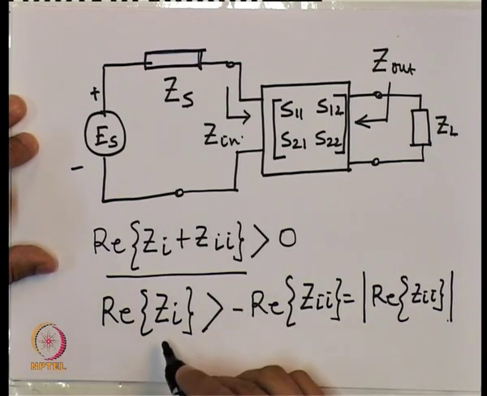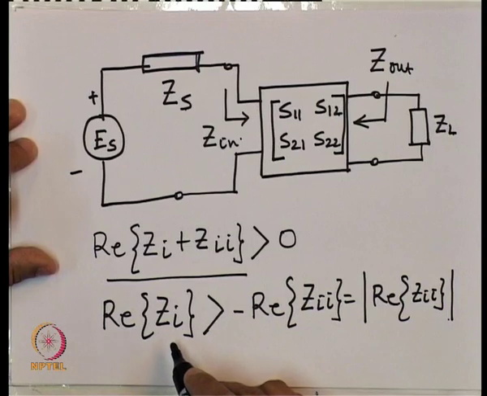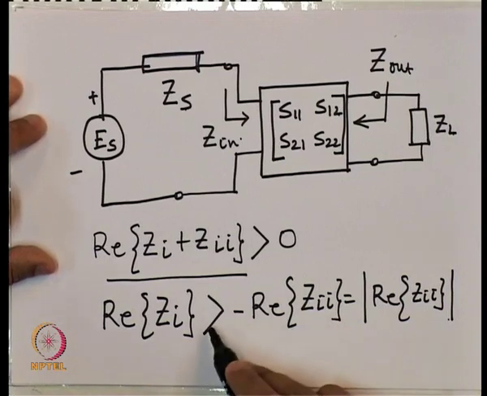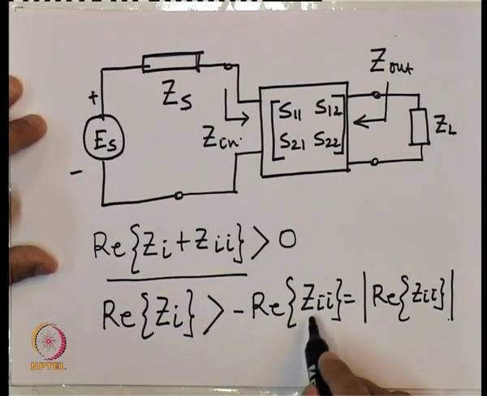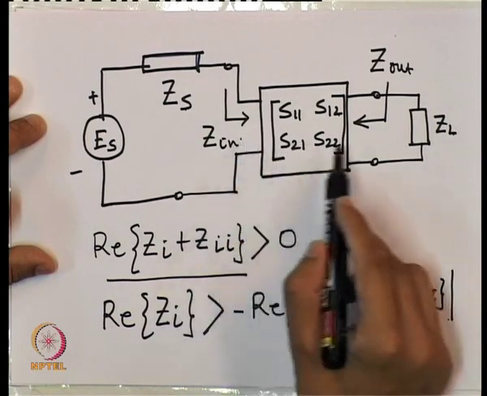So, we can say that the real part of Zi will always be positive, and not only positive, but greater than the negative of the real part of Z11 or Z22.